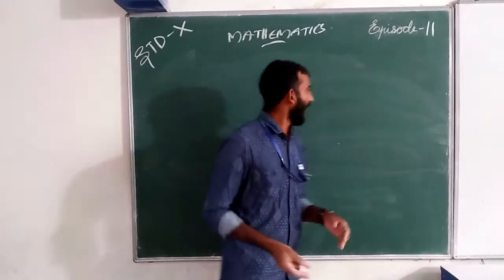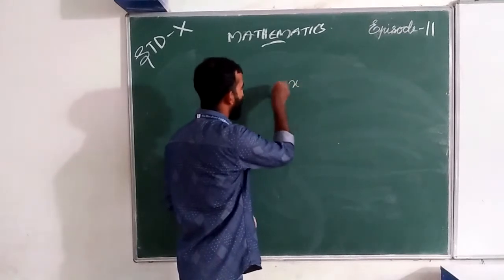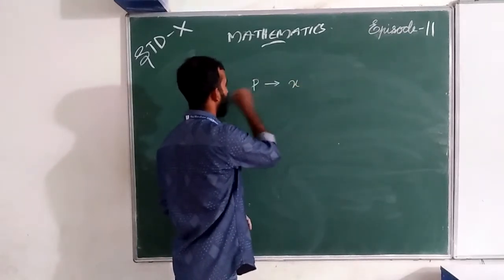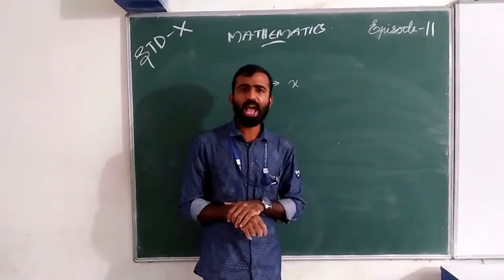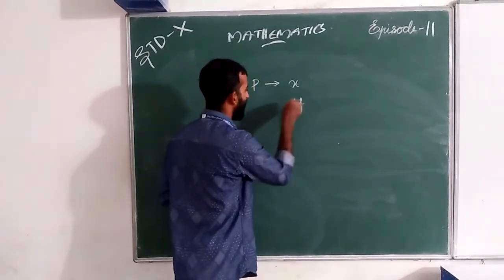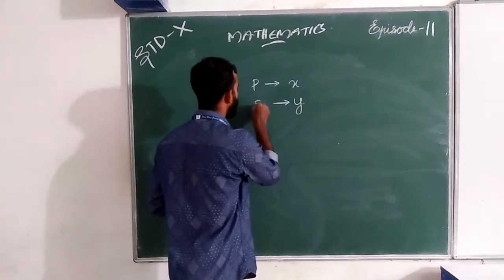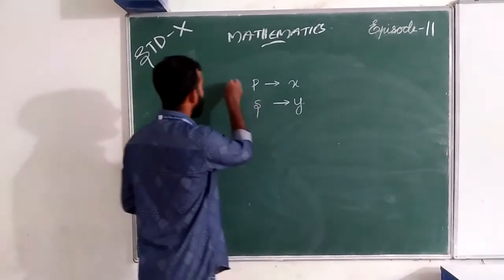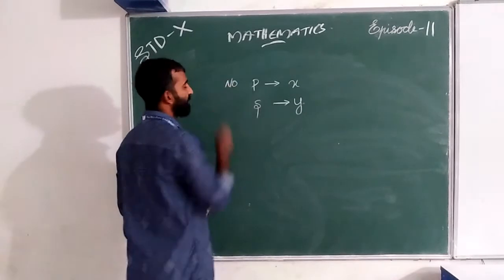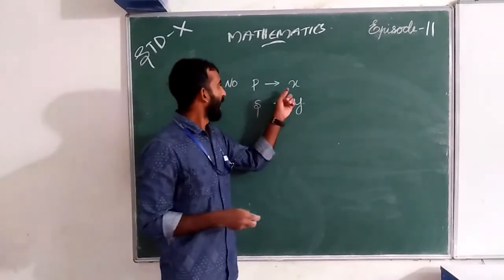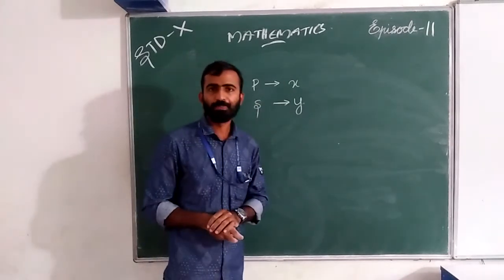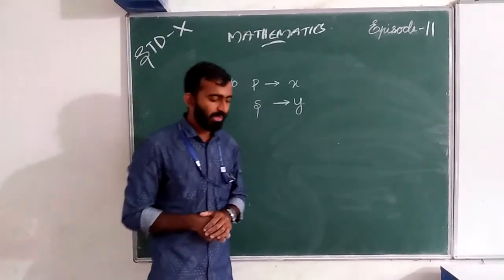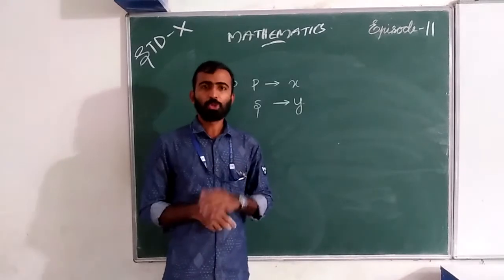Let x denote the number of pants and y the number of shirts. Then from the question there are 2 conditions.